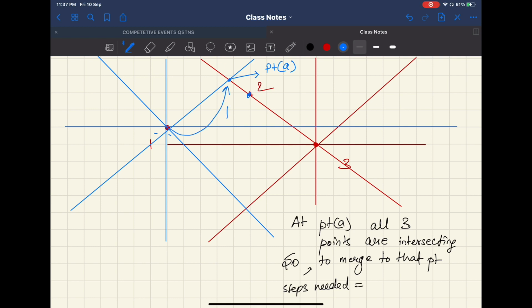So from 1, to reach there we will need one step. From 3 to that point we will need one step, and from point number 2 to point A we will need one step. So the total of this will be 3.